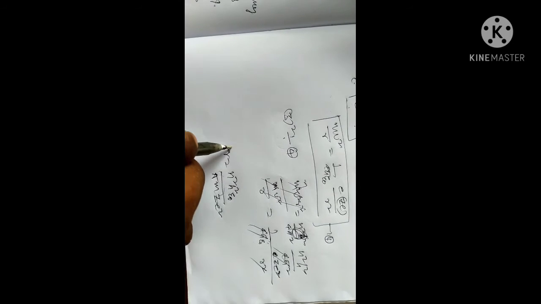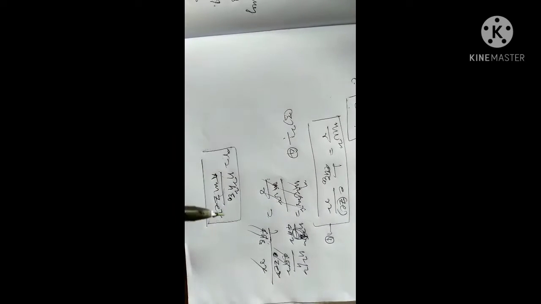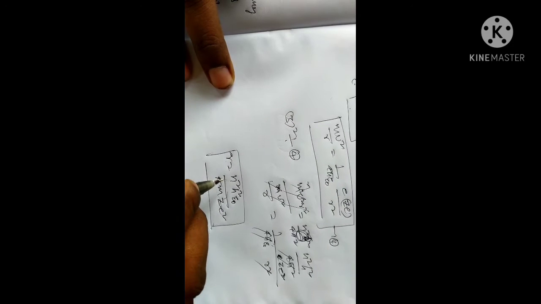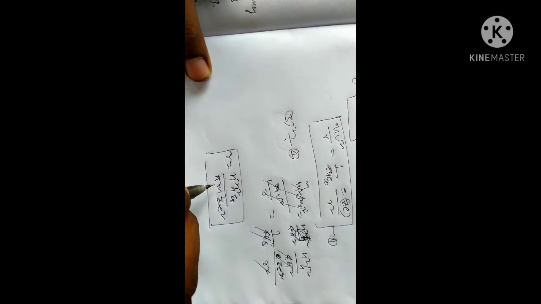This is the radius of the orbit, okay. It is the orbit. Now r is equal to n square h square epsilon naught by pi m z e square. This is the radius of the orbit.